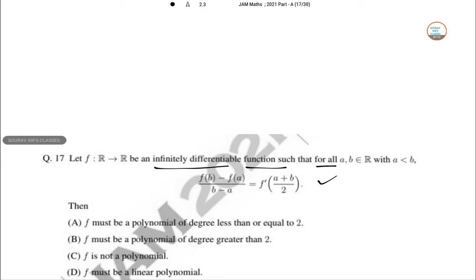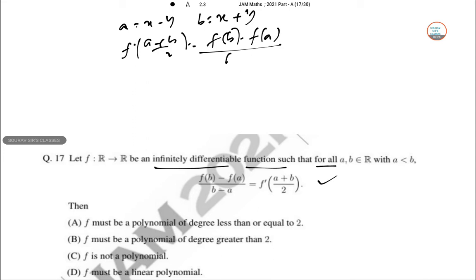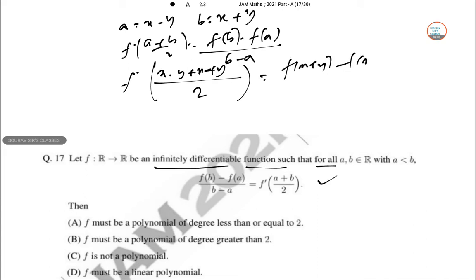So f(b) minus f(a) by b minus a equals f dash of a plus b by 2, in this way. So let a equal to x minus y and b equal to x plus y. So f dash of a plus b by 2 will give you f(b) minus f(a) by b minus a. So f dash x, x plus y by 2 will give us obviously f of x plus y.